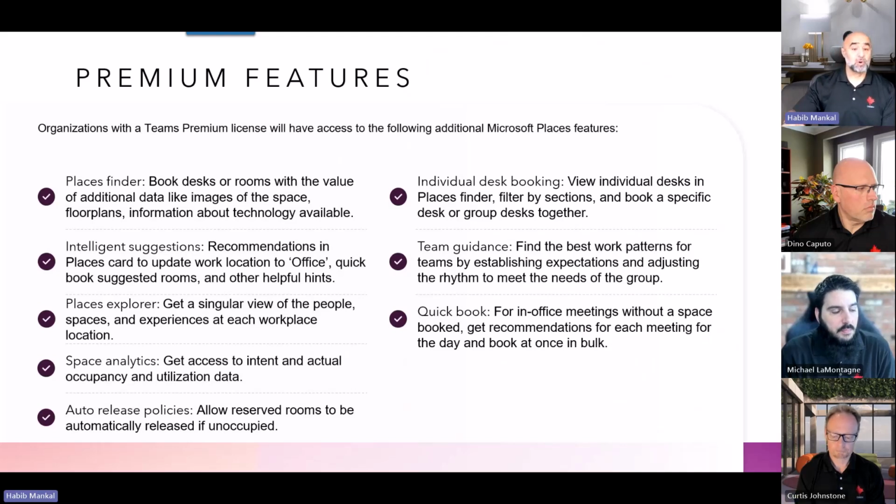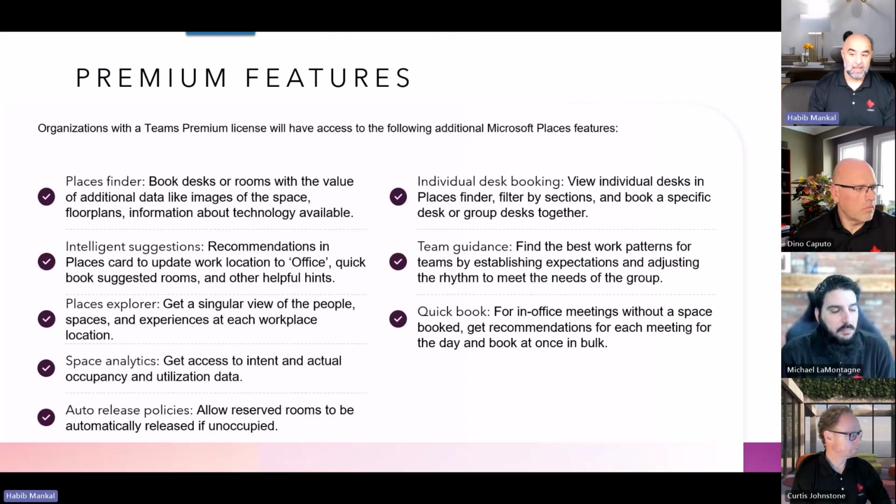The Places Explorer, the analytics side of things, the auto release capabilities that we talked about, the guidance, where it says, hey, I think we should be in the office on this day, to give guidance as the workplace admin or manager of that little workplace tool that we did. So you get these capabilities from a Teams premium license perspective.